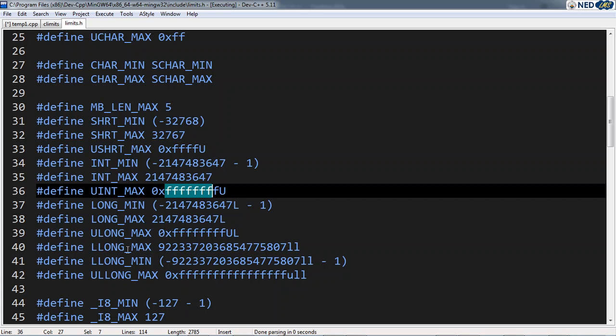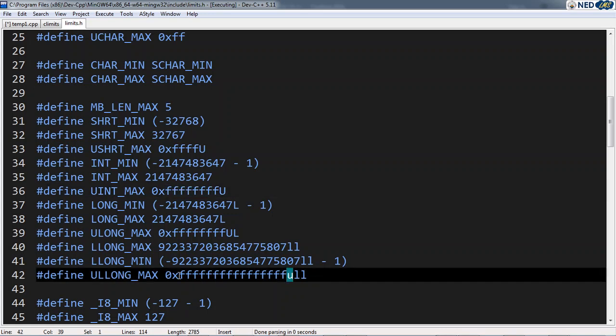Here we have a long maximum and long minimum, so we are talking about the signed format. Whenever we talk about the maximum only, not the minimum, we are talking about the unsigned format, because we have a u over here. So it is the unsigned long format. Let's count how many bits there are by counting the hexadecimal digits: 1 2 3 4 5 6 7 8 9 10 11 12 13 14 15 16. So we have 16 hexadecimal digits.